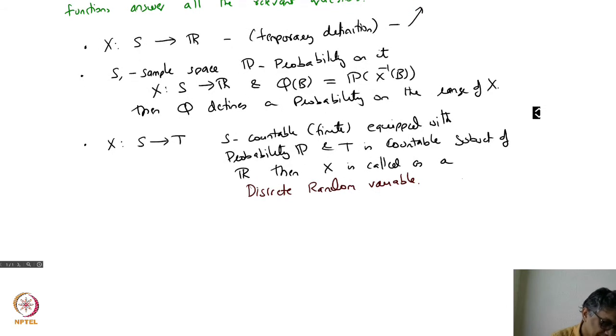Then an important concept we discussed was the probability mass function of X. So we look at this function f_X(t) as the chance that X is equal to t.